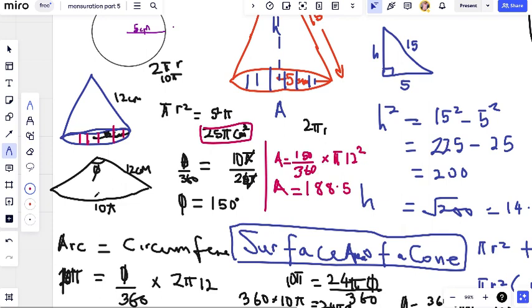This is the only thing you need to remember: the circumference of the cone is the arc length of the sector. Once you know the circumference, you get the arc length, so you use the length of an arc to find this angle. You equate it and find the angle. Once you get the angle, you get the area of the sector. Once you get the area of the sector, you add it to the area of the base, pi r squared, and then you get the total surface area.